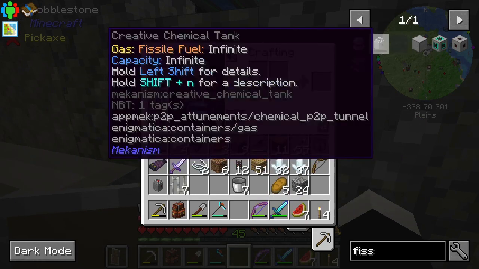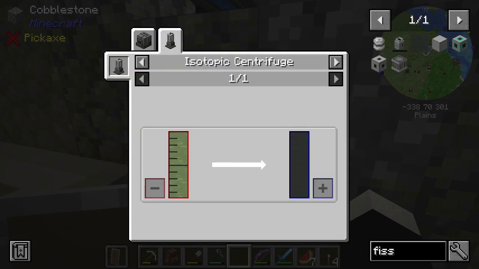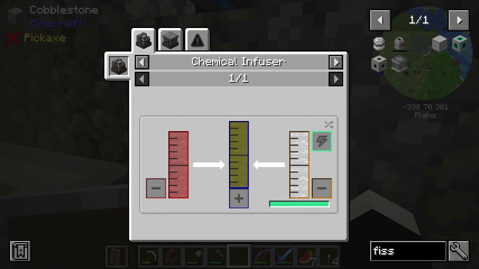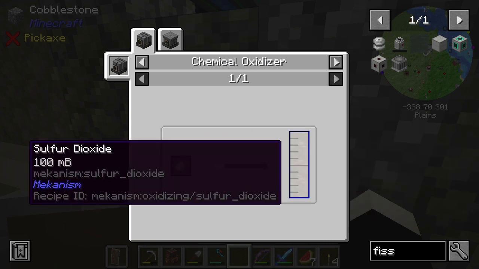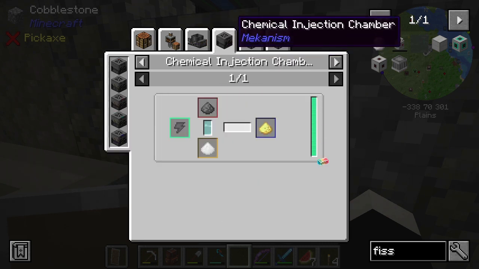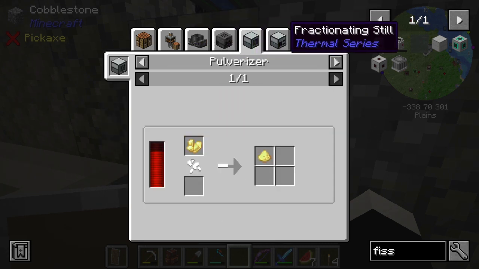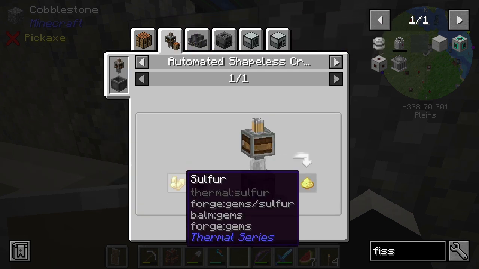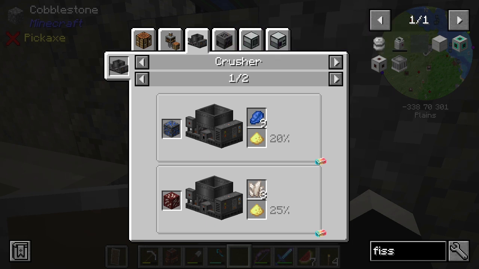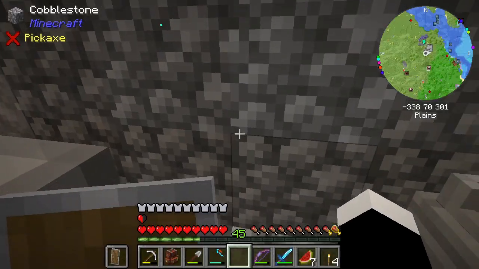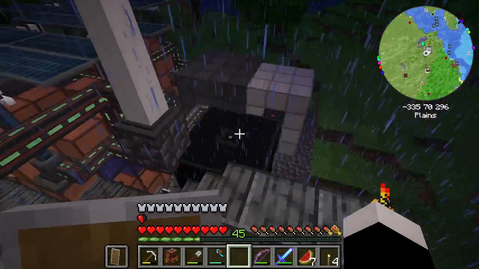Now with sulfur, yeah, I'm going through here again. It doesn't look as though there's a way to get more than 1 unit of sulfur out of a unit of sulfur that you dig up. Oh wait.